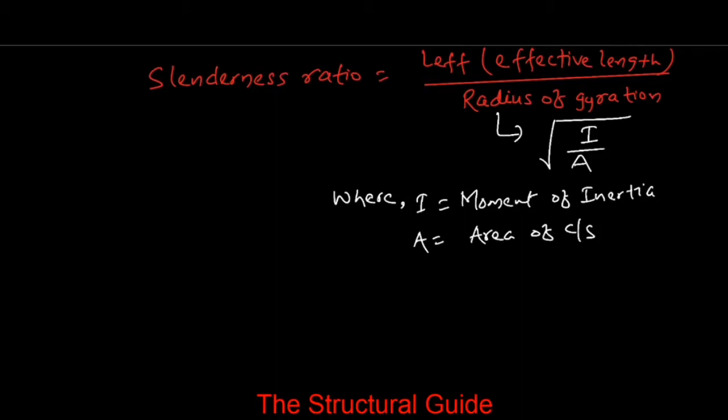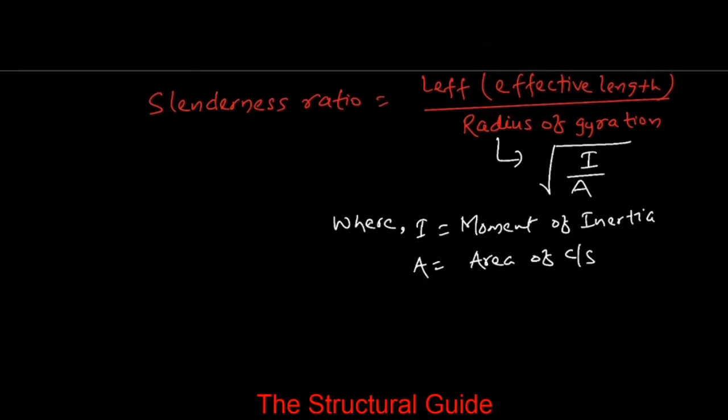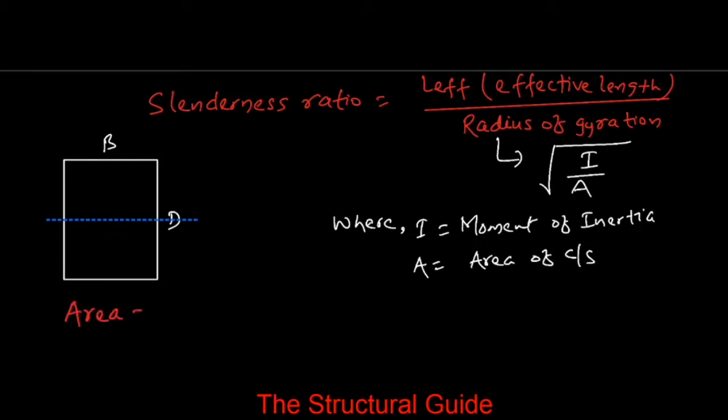So let's understand from a simple example. Suppose the column is having B by D cross sectional dimension. In this case, the area is equal to B into D, and the moment of inertia about the neutral axis, moment of inertia about the CG, that is I, is equal to BD³ by 12.